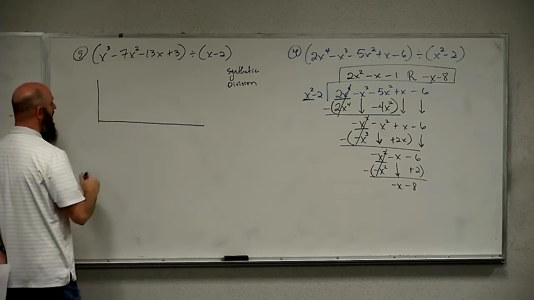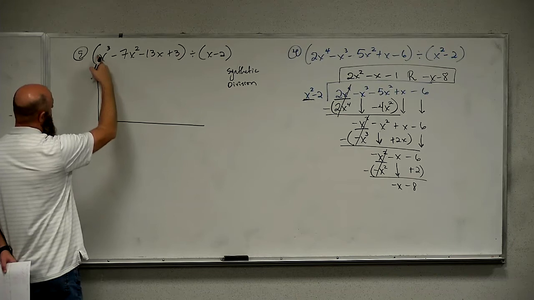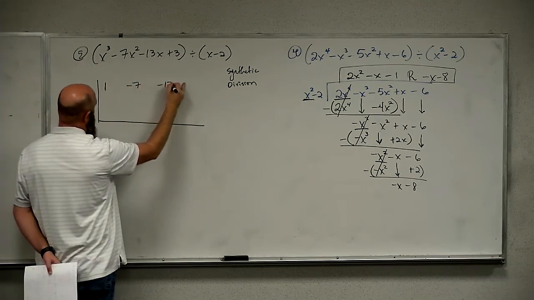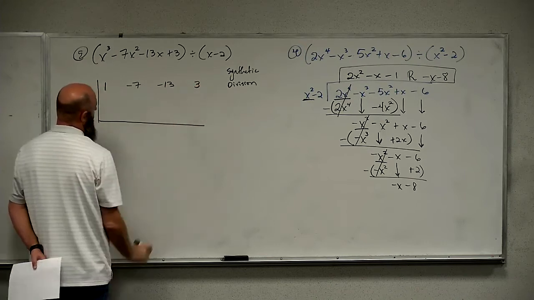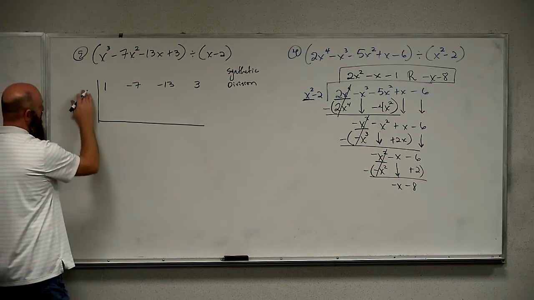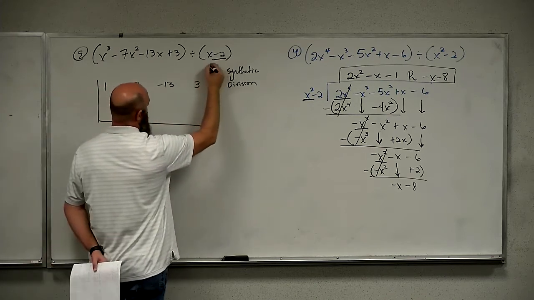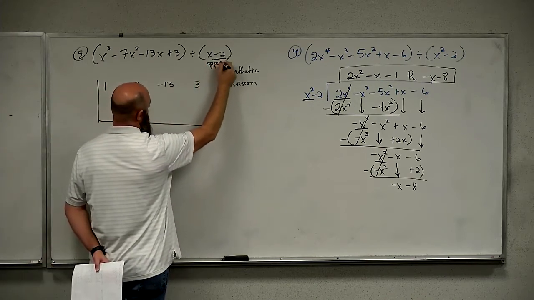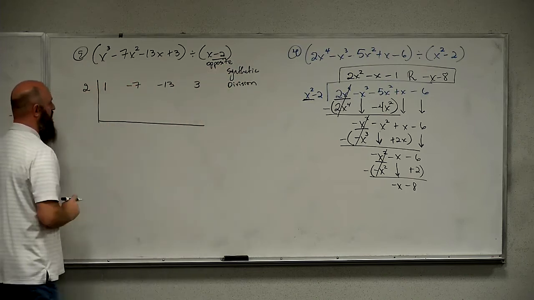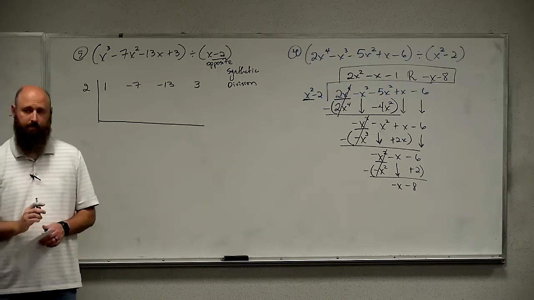We have all of our powers, so I'm using the coefficients. This is a 1, a -7, a -13, and a 3. Now, on the outside of this, we're going to look here, and we're going to do the opposite. So that says -2. We're going to put a +2 there for that.